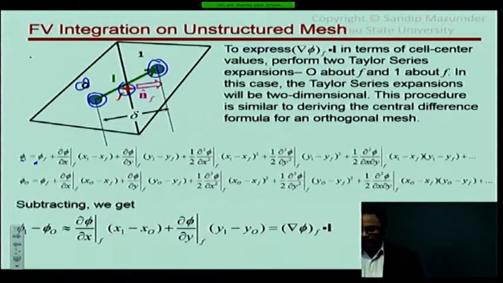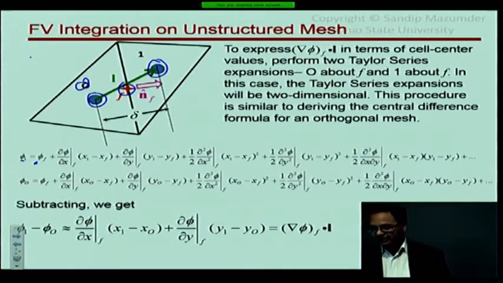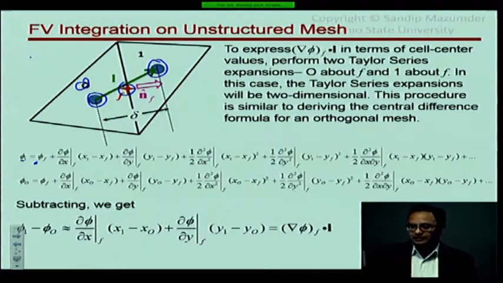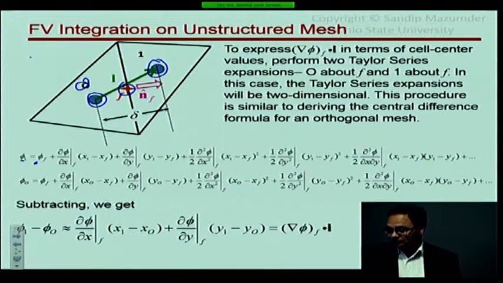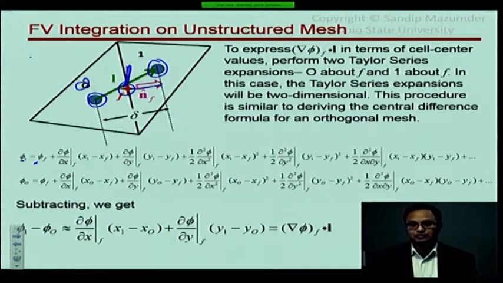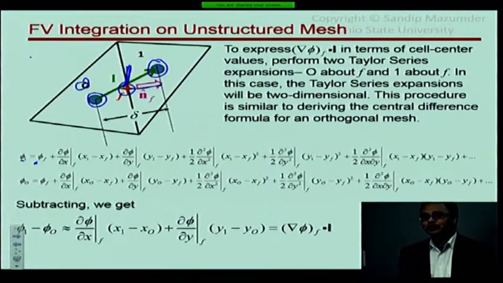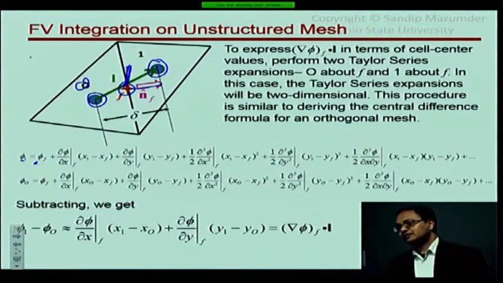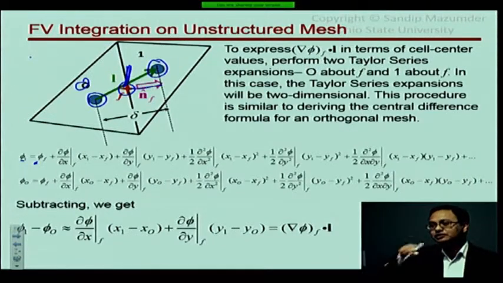So that's d phi dx at f times x1 minus xf, plus d phi dy times y1 minus yf. Remember, now it's a two-dimensional Taylor series expansion because there's a delta x between these two and also a delta y. As opposed to a Cartesian mesh, where when we derived d square phi dx square we only thought about the x Taylor series expansion because the lines were orthogonal to each other.